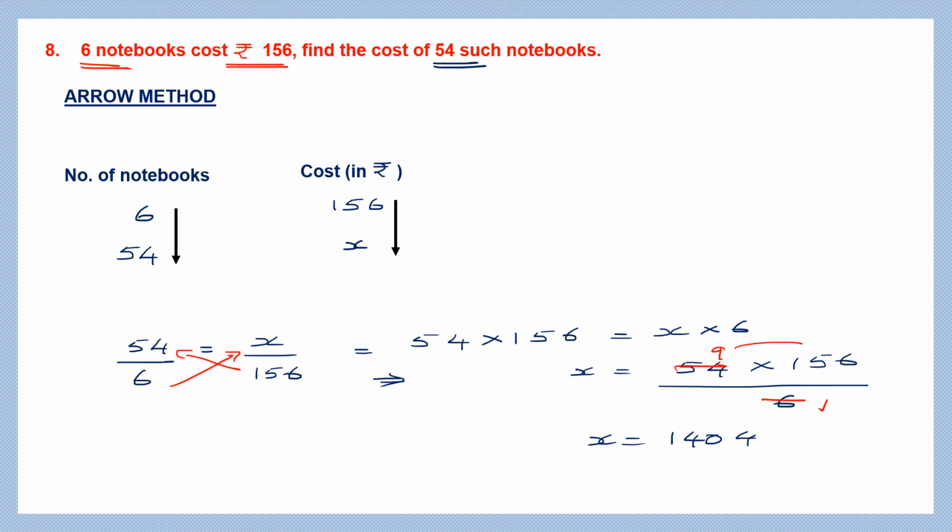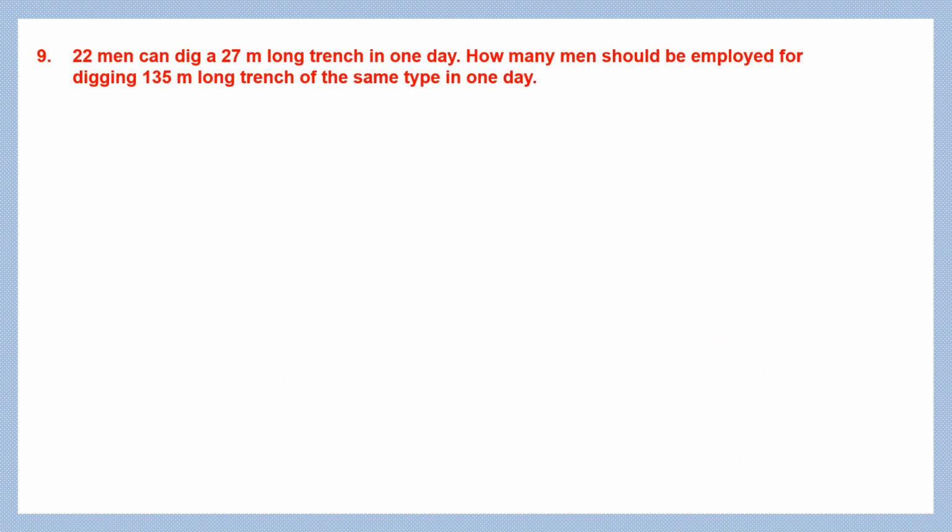So this is the cost of 54 notebooks. So you can write the unit rupees. So this is our answer. The cost of 54 notebooks is rupees 1404. Final answer.